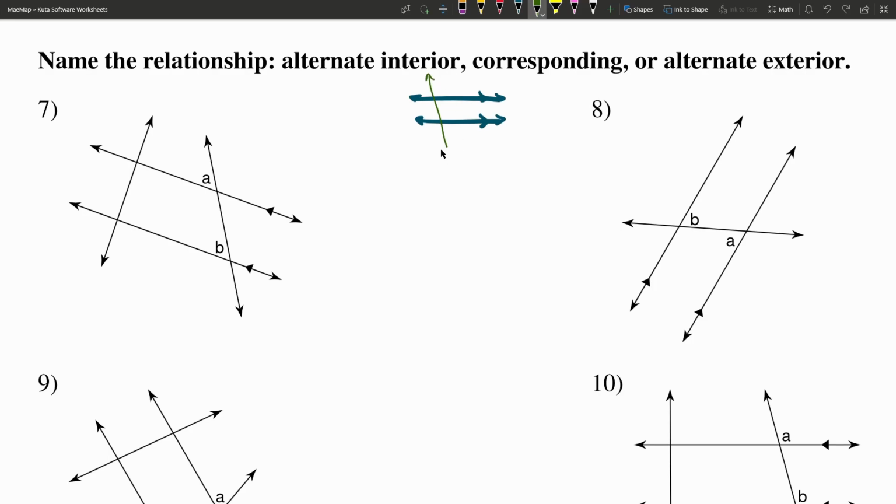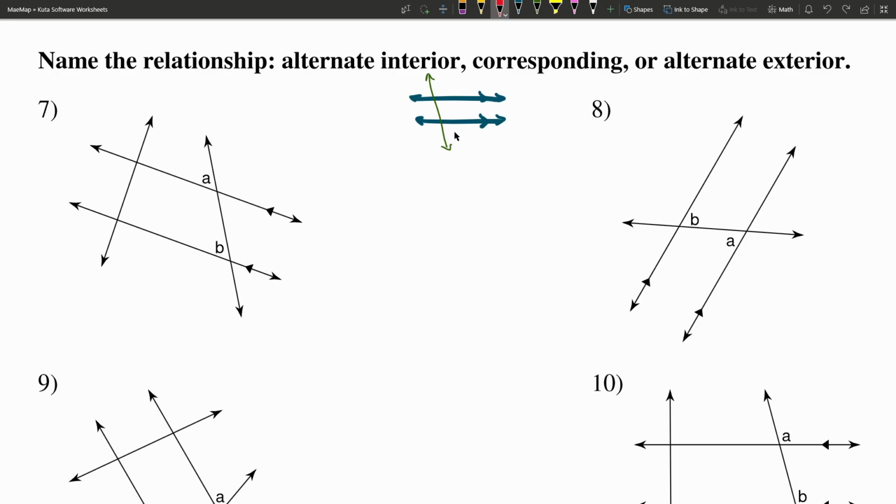Let's go ahead and start with my corresponding angles. Corresponding angles are angles that you can think of on the same place for each parallel line. So this angle here, if we were to find it on the other parallel line, it would be right here. And those corresponding angles have the same exact measurement.